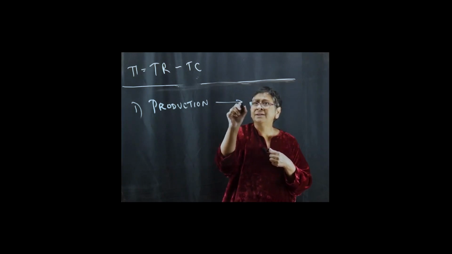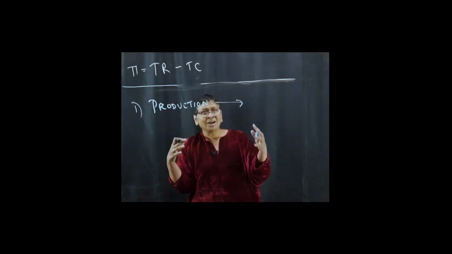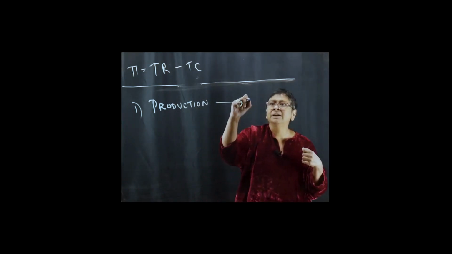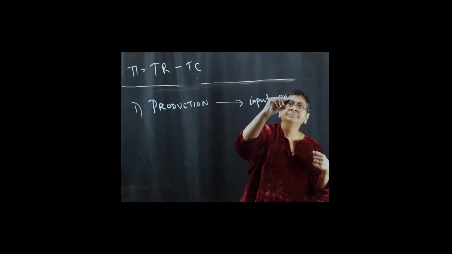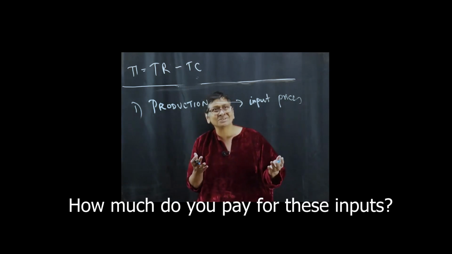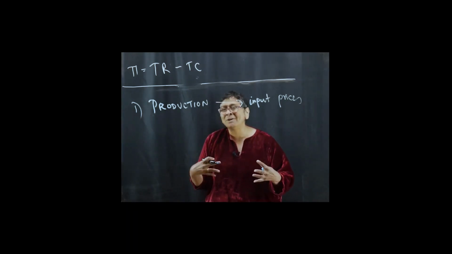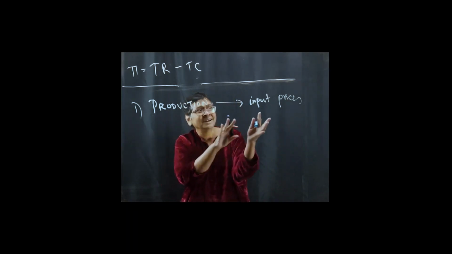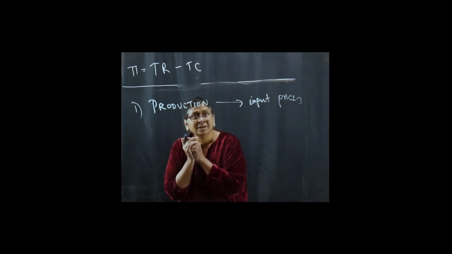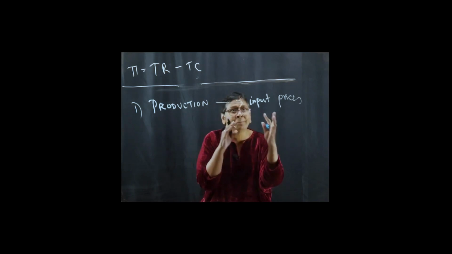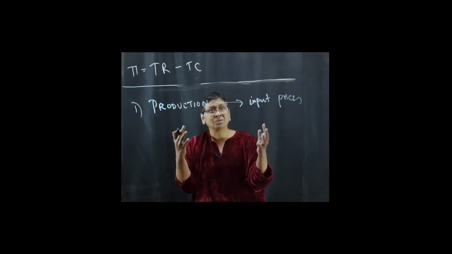And then after we look at how the firm does the production, we then have to look at input prices. How much do you pay for these inputs? So the cost is going to depend on my production process and input costs for the inputs I'm using to make the output, right? So there is a two-step process to figure out the cost side.